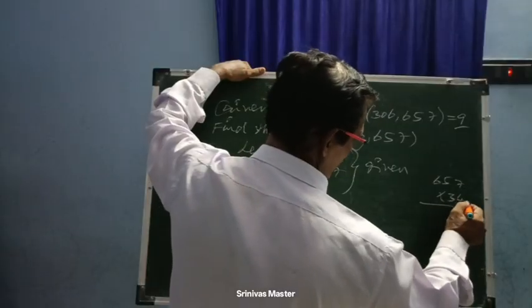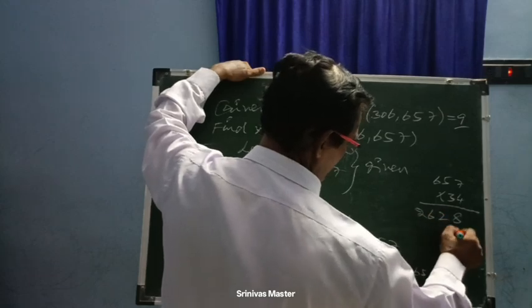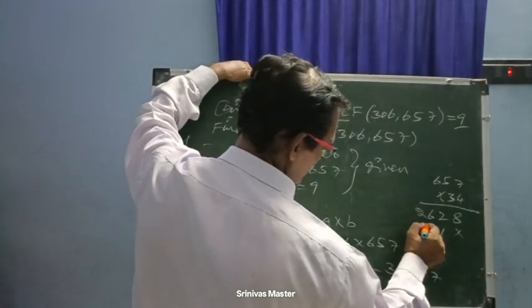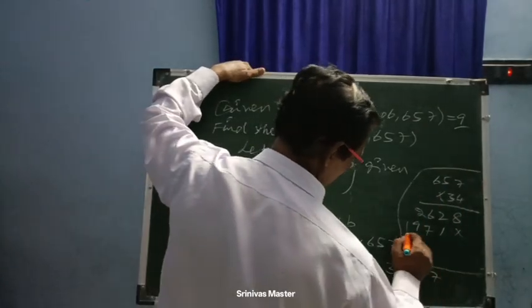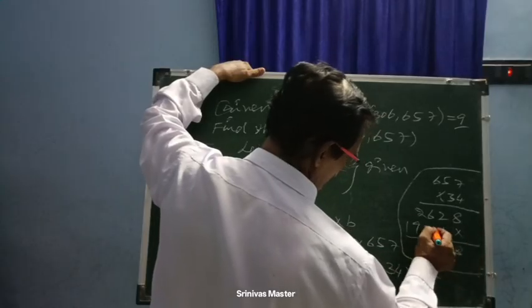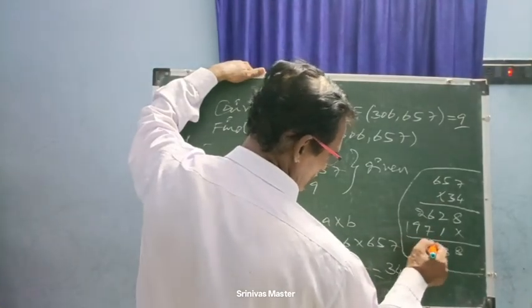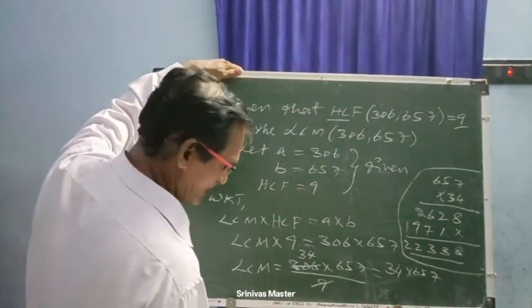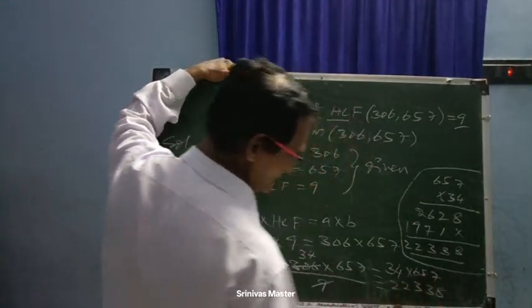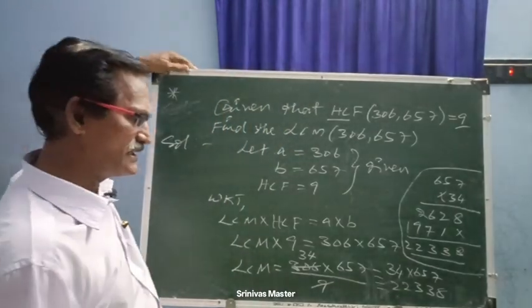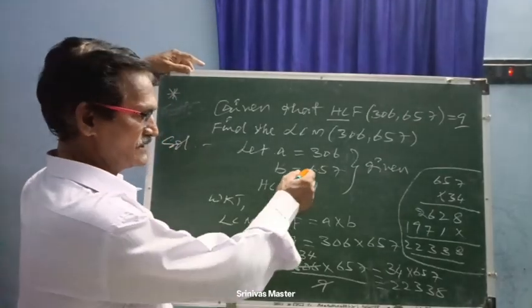See the multiplication: 4 sevens are 28, 4 fives are 20 plus 2 is 22, 4 sixes are 24 plus 2 is 26. Then 3 sevens are 21, 3 fives are 15 plus 2 is 17, 3 sixes are 18 plus 1 is 19. Adding them, the result is 22,338.